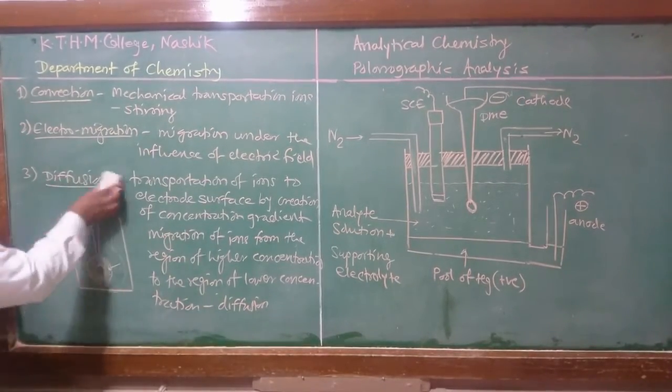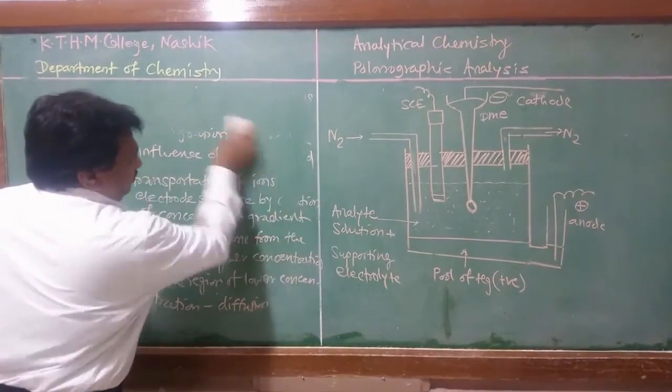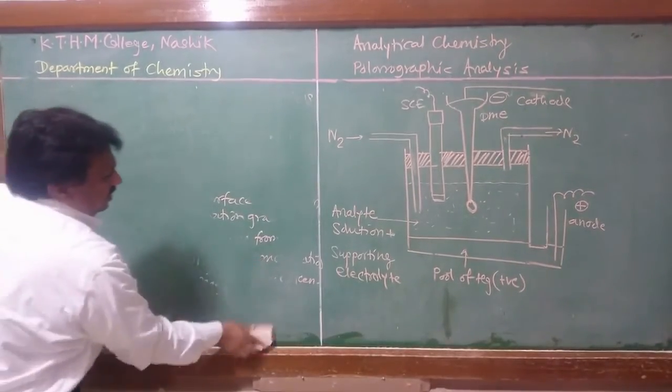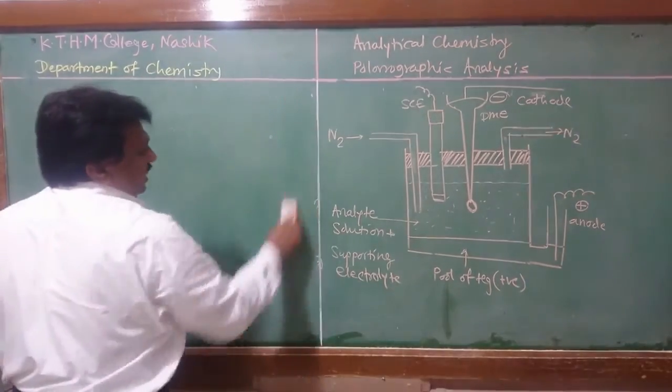Now here we discuss how actually this transportation takes place. Suppose for example we linearly increase the potential of the working electrode and this counter electrode.